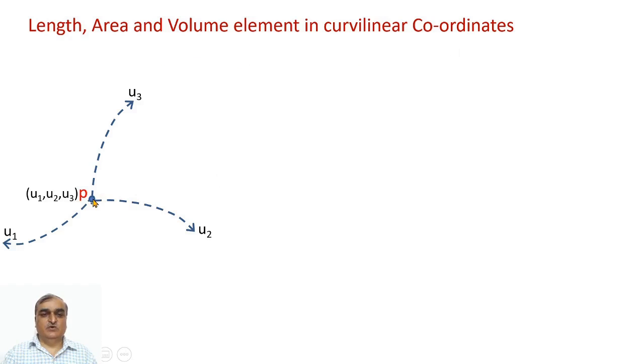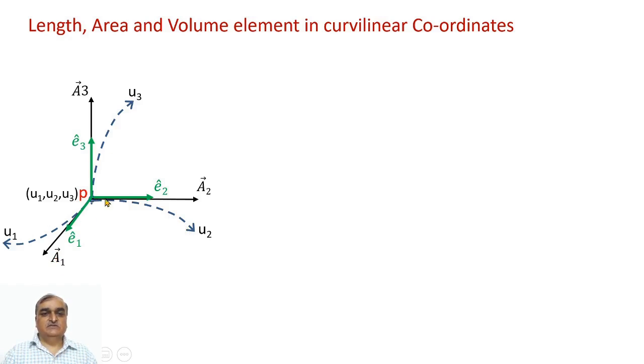For this, consider the point P having coordinates u1, u2, u3. As we have seen, the u1 curve gives the variation of only u1, the u2 curve the variation of only u2, and the u3 curve the variation of u3. The tangent to the u1 curve is the first axis, let it be a1 bar.